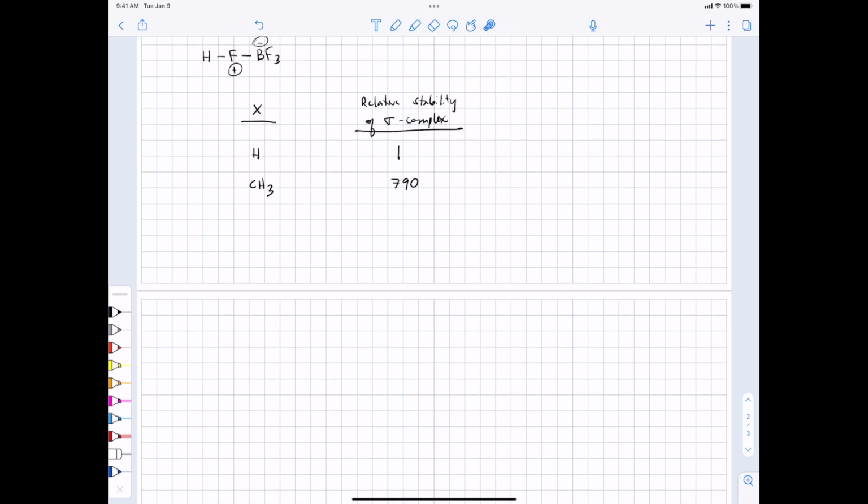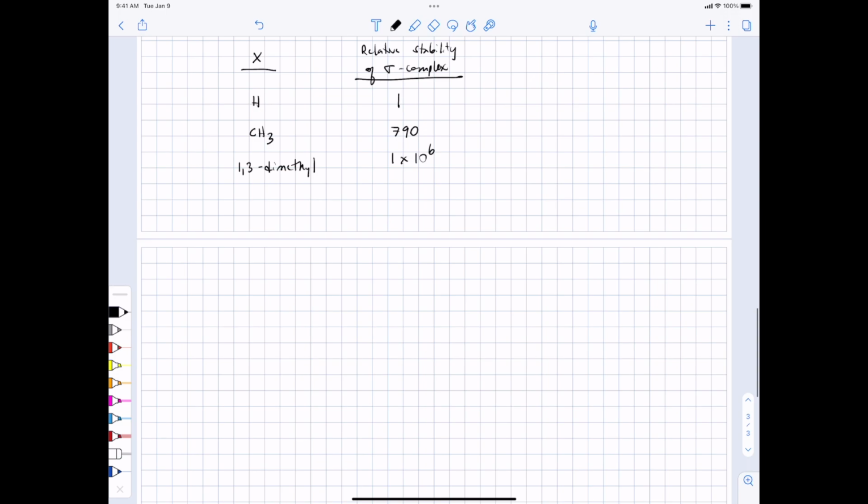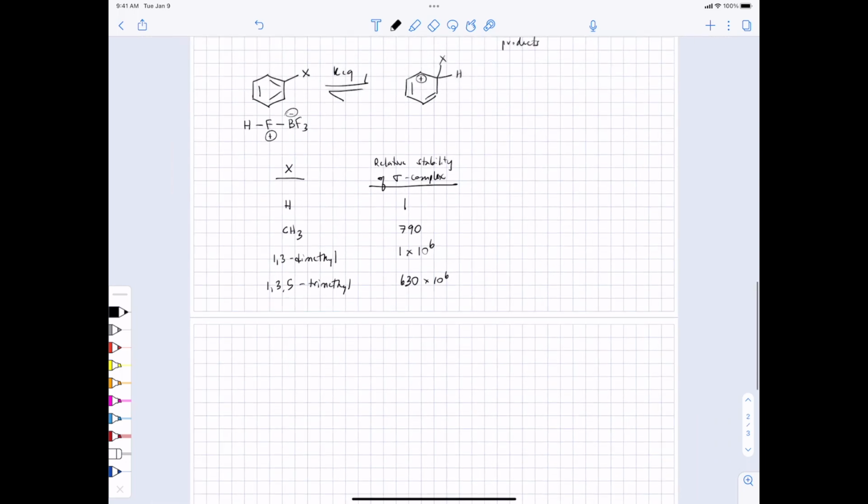So if I continue to add methyl groups, for example, 1,3-dimethyl, sigma complex stability goes way up by a factor of nearly 1,000, or a little bit more than 1,000. And then the third methyl group increases it further, though perhaps not quite as much.